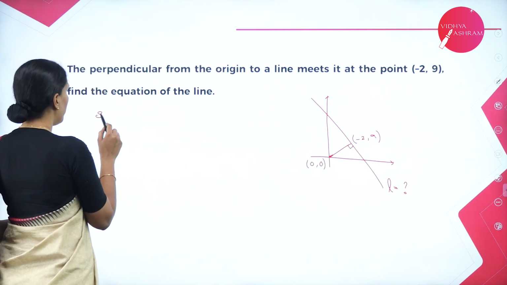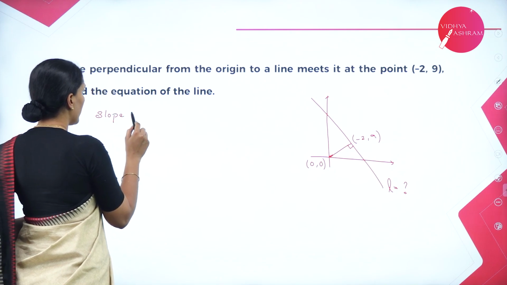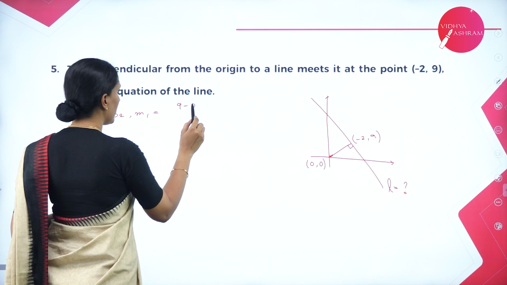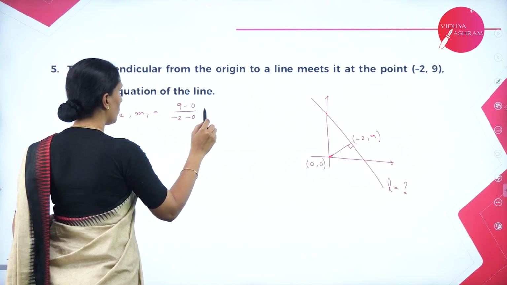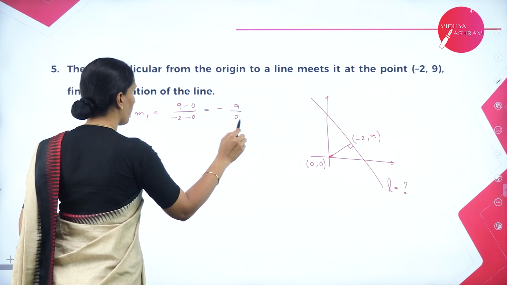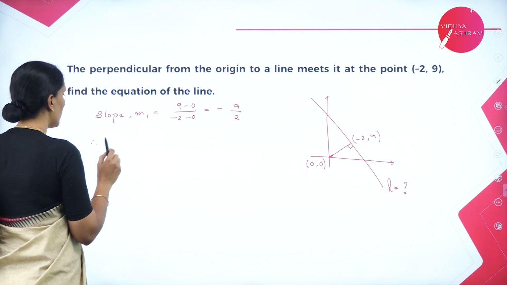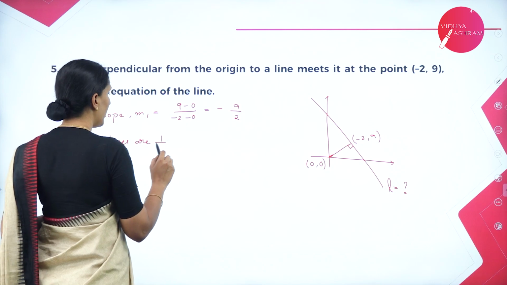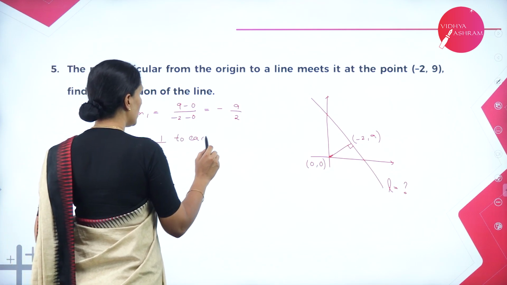Now, slope m1 is equal to 9 minus 0 by minus 2 minus 0, which is equal to minus 9 by 2. So therefore, lines are perpendicular to each other.